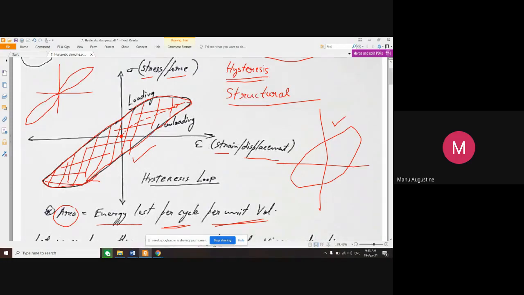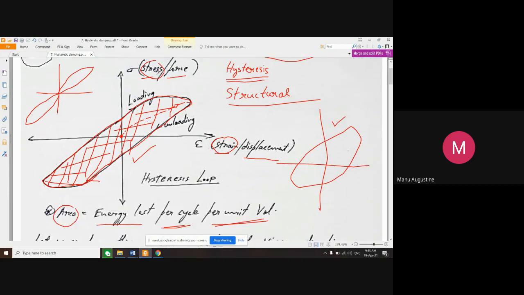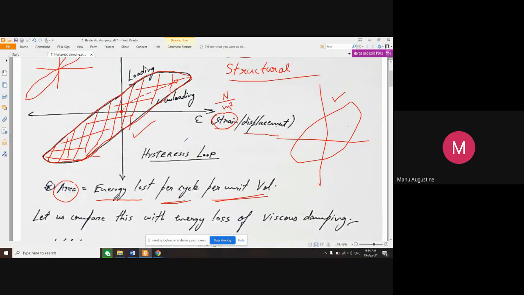If you want to check whether this actually checks out dimensionally, you could simply multiply stress with strain. Strain is dimensionless, so stress has a unit of Newton per meter square. And now please check it out yourself: what is the unit of energy per unit volume?